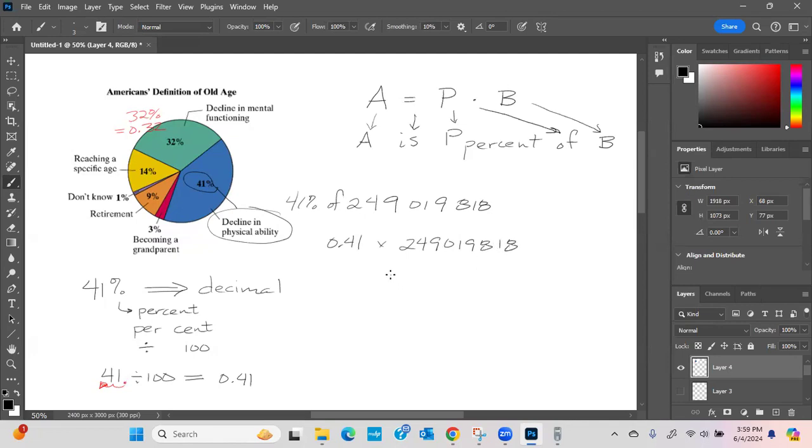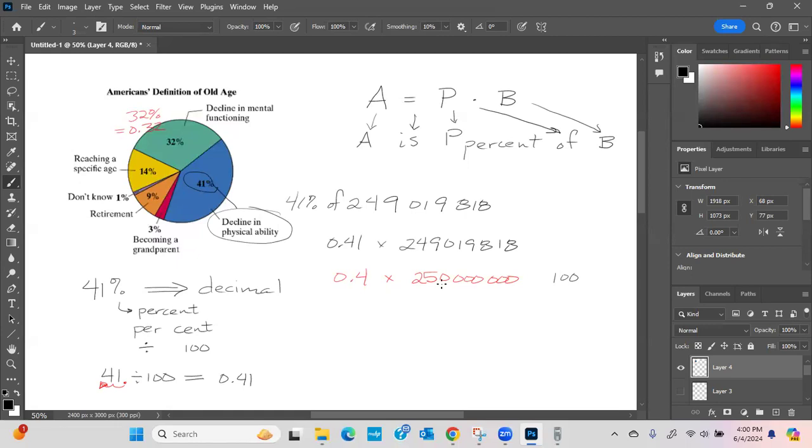249,019,818. That's not one I can do in my head, but maybe I just round this to 0.4 times, oh, let's say 250 million. That one I can do in my head, because 4 times 25 is 100.